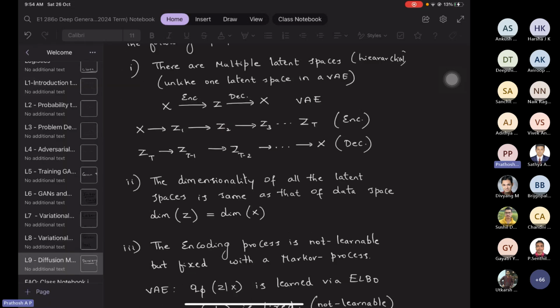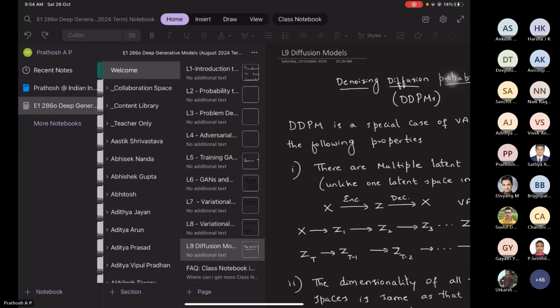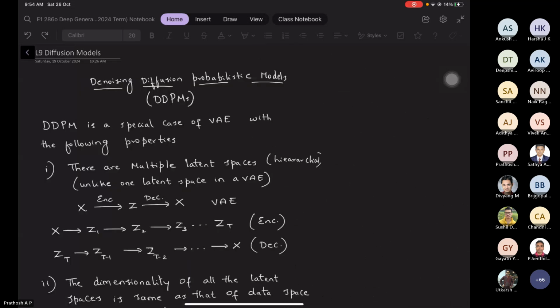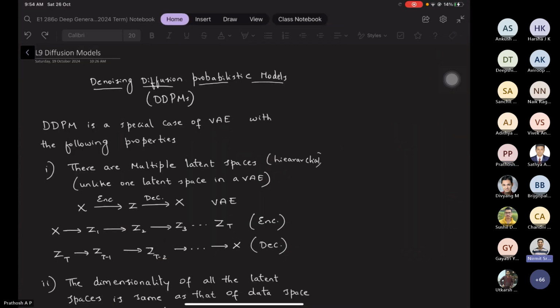It is not moving. Does somebody know why? Not able to move this. Kill and restart. Huh? Kill and restart. What did you say?